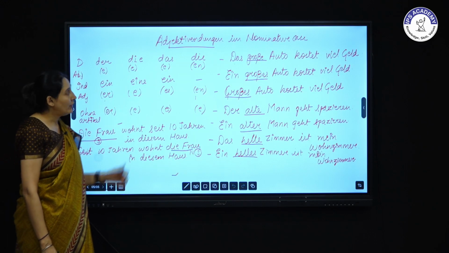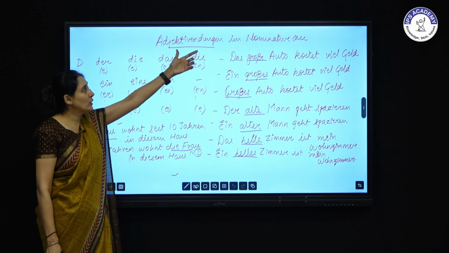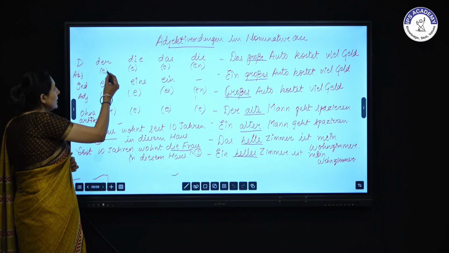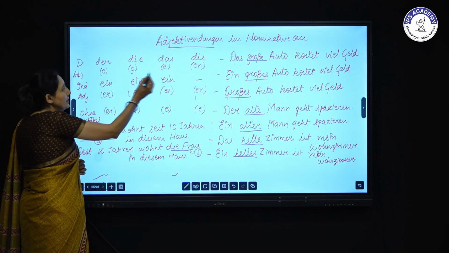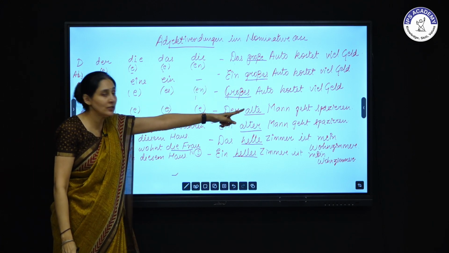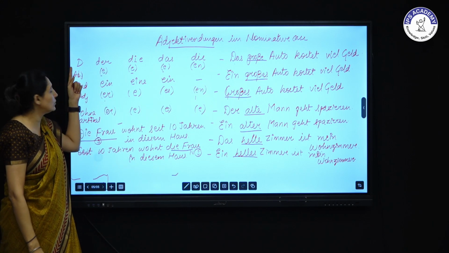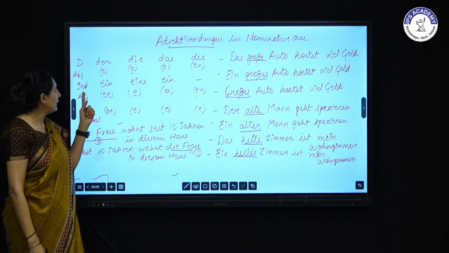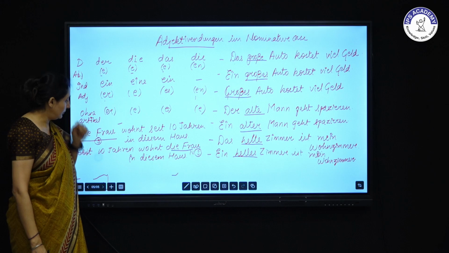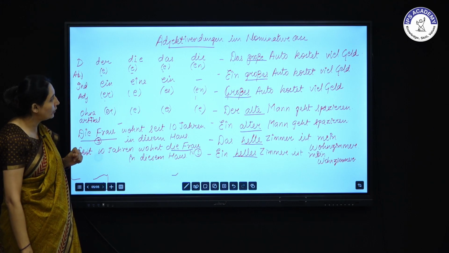Now, very important, when it comes to adjective endings in the nominative case, these are all the adjective endings which we have focused on, and how they go with the bestimmter article, unbestimmter article and possessive article.